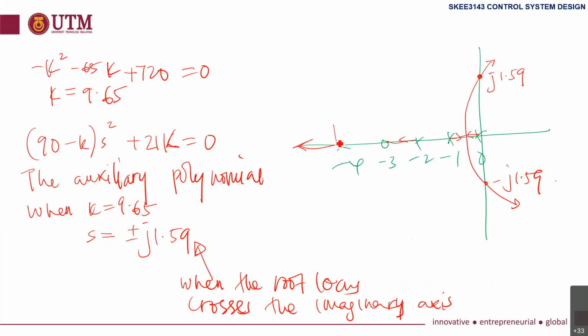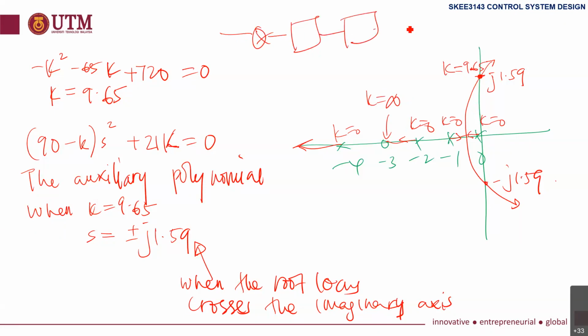Remember, we start with K equal to 0 here, K infinity there, and K here is equal to 9.65. As K increases from 0 to 9.65, then it becomes unstable.